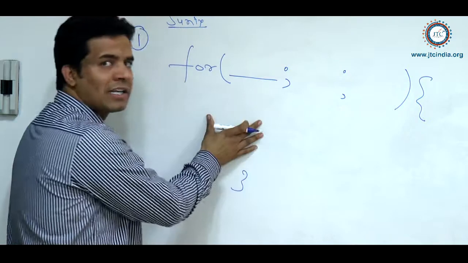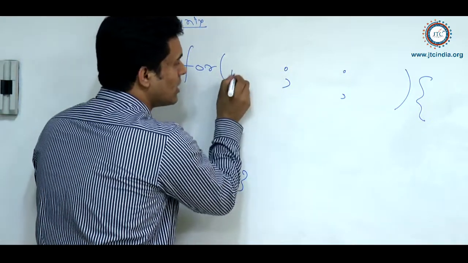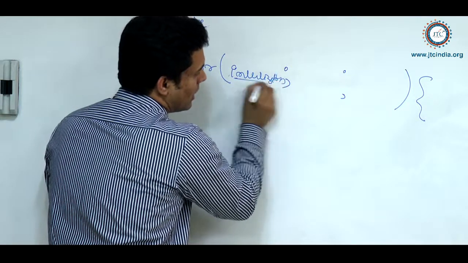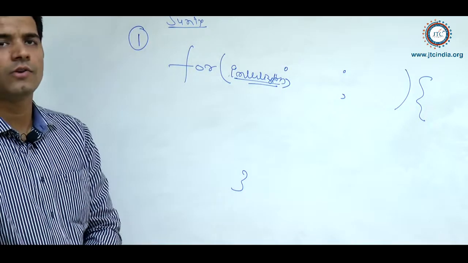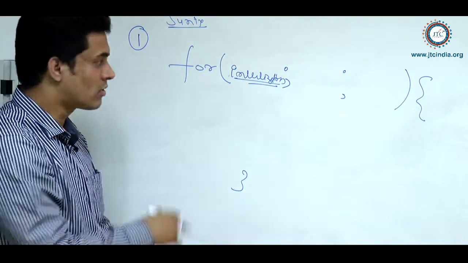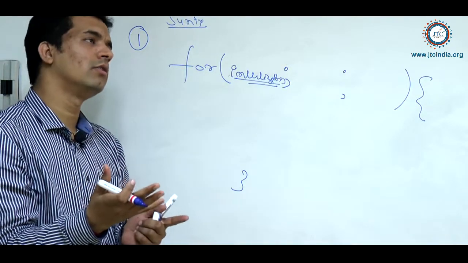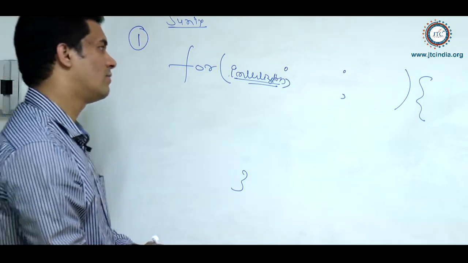First is the initialization, the initialization of a counter which is going to traverse throughout the container. Container in the sense of what? An array or many different kinds of things which we will discuss further.